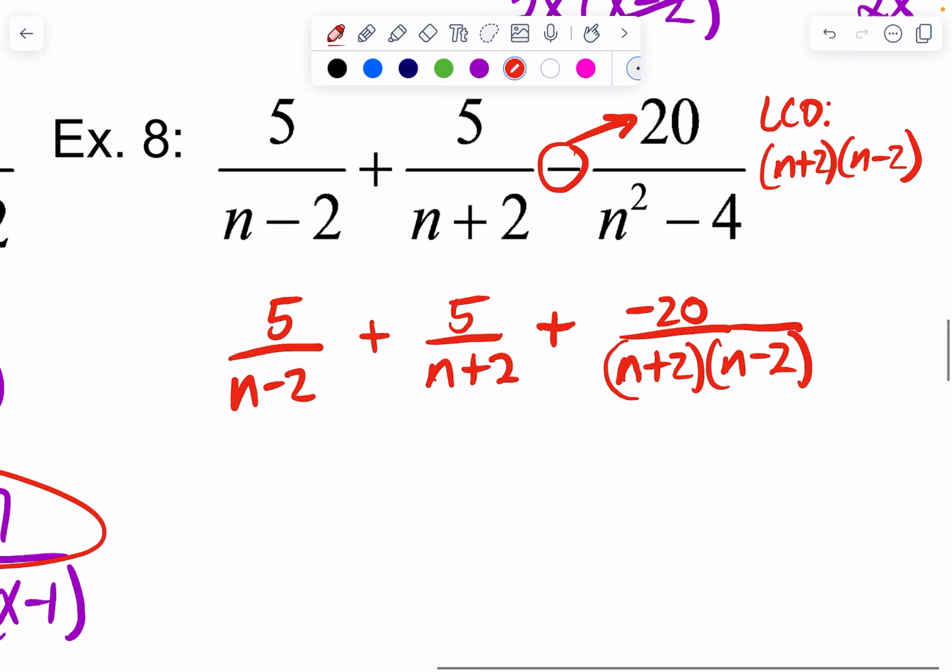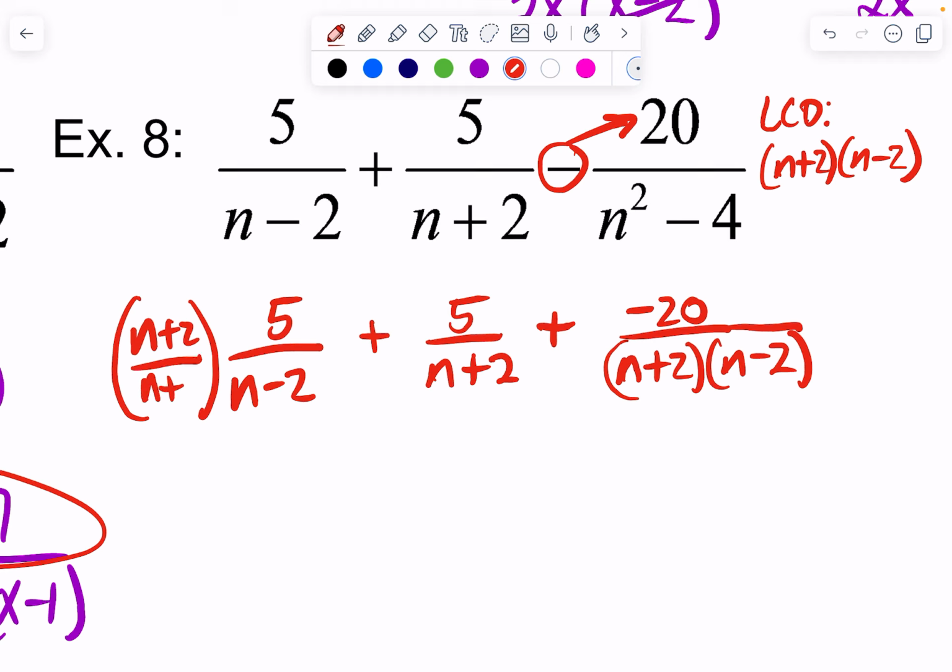So I'm going to be multiplying n plus 2, which is the missing factor, to this first rational expression. I'm going to be multiplying n minus 2 to both the numerator and the denominator of the second rational expression, and the third rational expression already has the LCD.